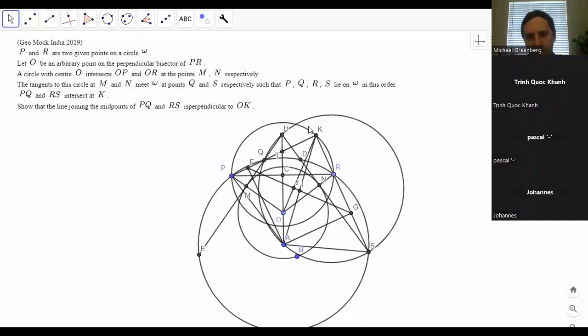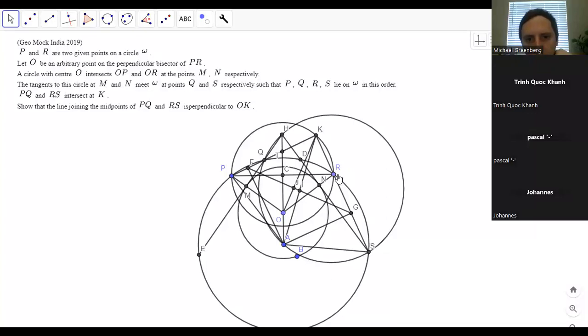Wait, so K doesn't lie on this big circle. Sorry. Okay, so how do you do the angle chase? So the angle OPK is OPR plus KPR, and that is equal to the angle OMN plus KPR, and KPR is like FSR.